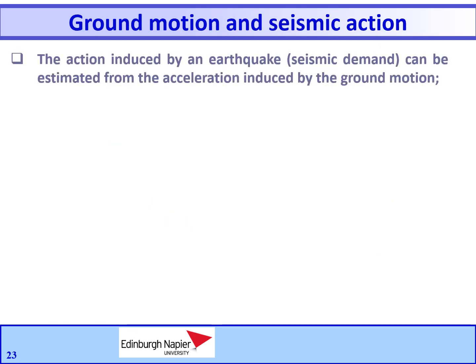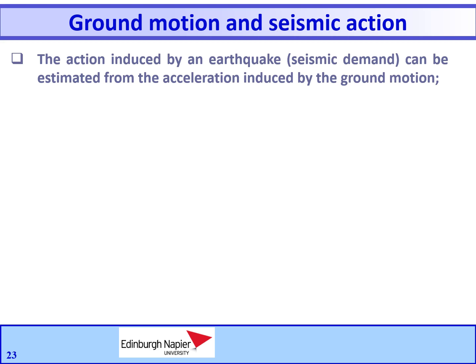So far, we have introduced the single degree of freedom system by idealizing a one-story structure. We are now going to see how this and the basic principles of physics that we just reminded ourselves are related to ground motion and seismic action.